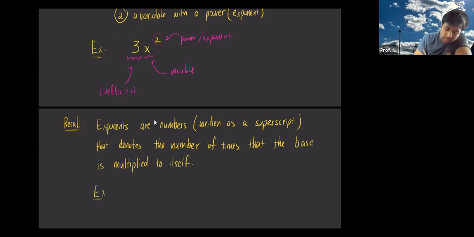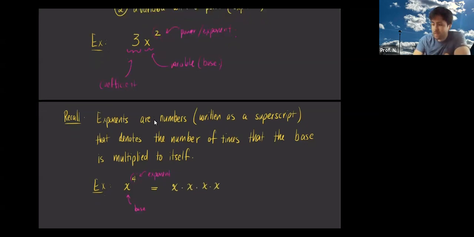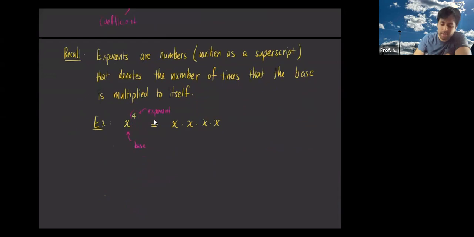Example. When we say x to the 4th, this variable here is my base. So what's my base? It's x. What's my exponent? It's 4. So when I say x to the 4th, I really mean to say x, x, x, x. I really mean that x is multiplied to itself 4 times.